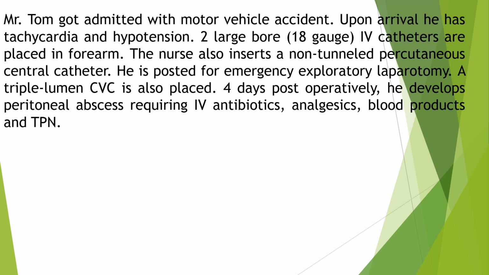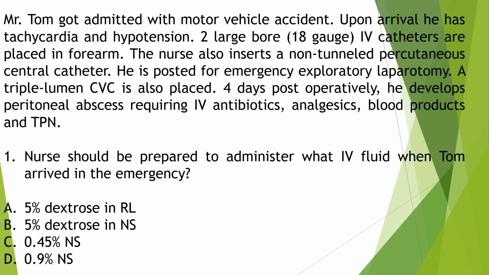The patient is taken for exploratory laparotomy, and after the procedure a triple lumen central venous catheter is placed, and after 4 days of this laparotomy he has developed a peritoneal abscess and requires IV antibiotics, analgesics, blood products and total parenteral nutrition. So let's see the first question.